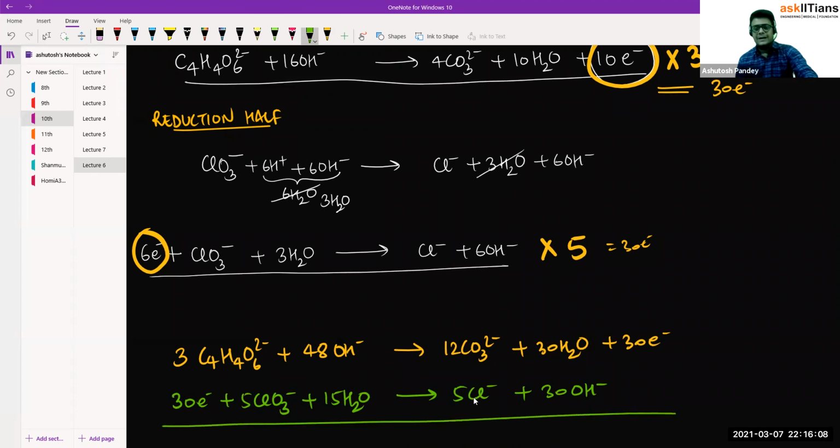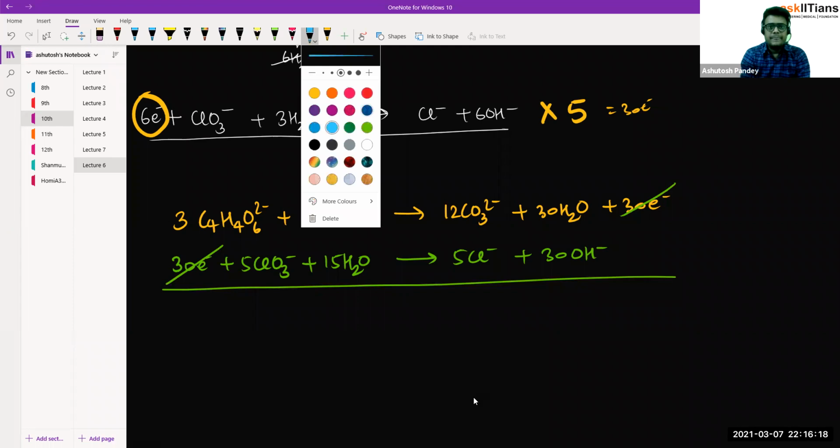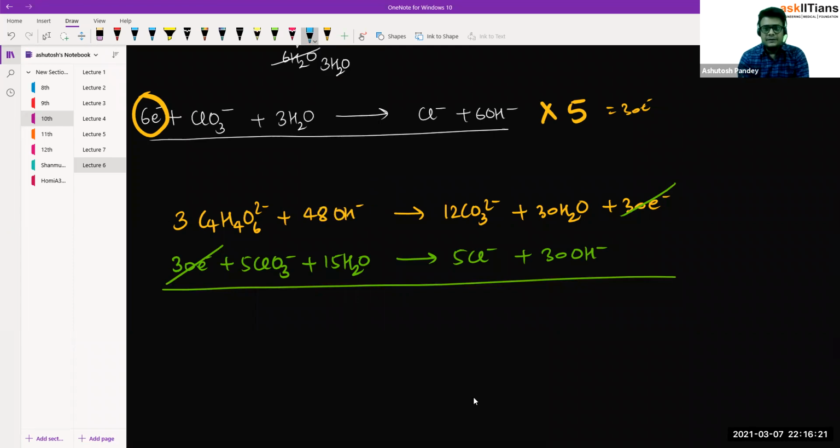Now we are going to add both these reactions. We have 30 electrons and 30 electrons, so we can cancel these two. Then we have 48 OH- and 30 OH-, so we'll get 18 OH-. And 15 H2O and 30 H2O, so we'll get 15 H2O.